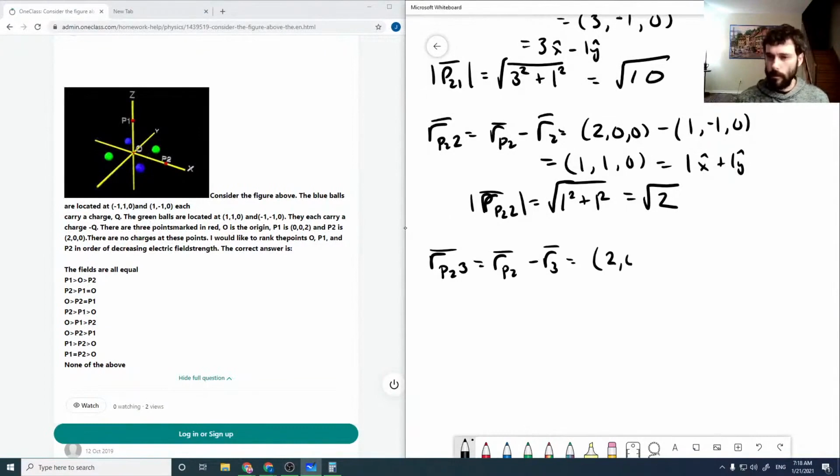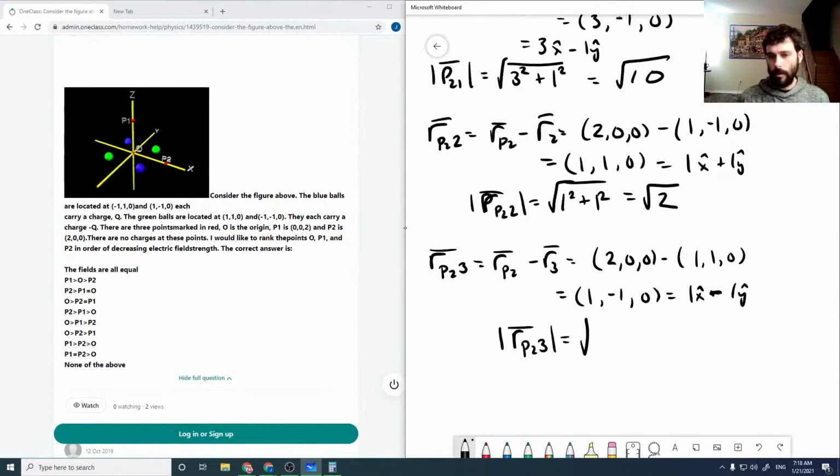And so this is 2, 0, 0, minus R3, which is 1, 1, 0. So this is 1 minus 1, 0. So that's 1 x hat minus 1 y hat. So then the magnitude of this is square root of 1 squared plus 1 squared, which is square root of 2.